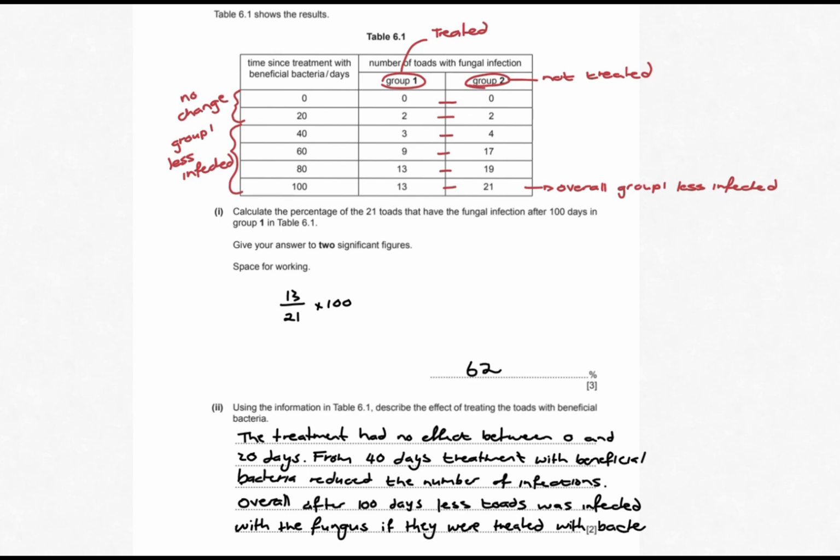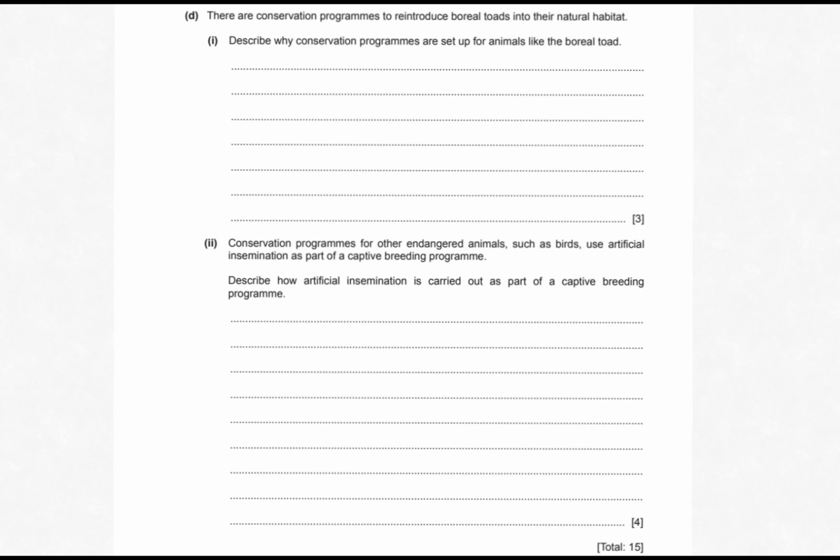Question D then says that there are conservation programs to reintroduce boreal toads into their natural habitat. We need to describe why conservation programs are set up for animals like the boreal toad. So the key word in this question is why.